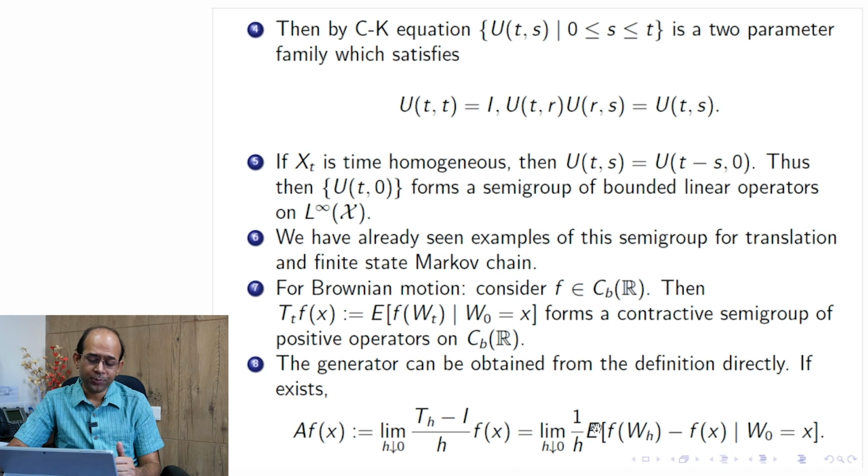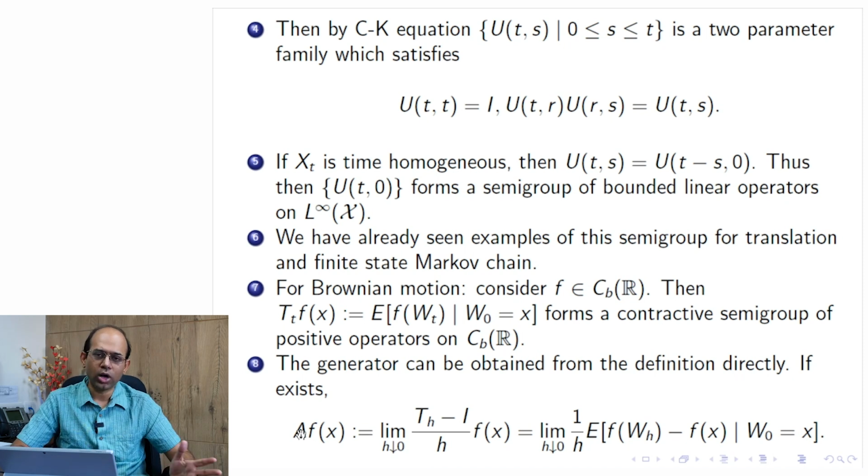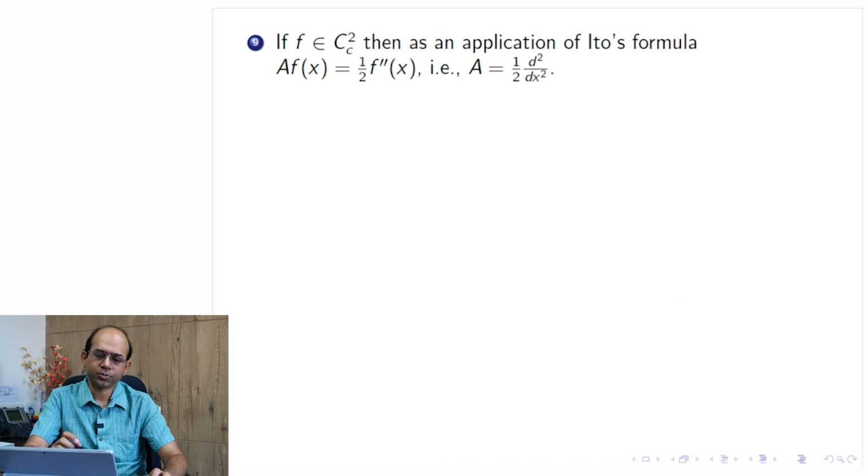So we can do that and get some form, and then we say that the generator restricted to that class of good functions has this form. We call that the infinitesimal generator of the process W. So we do that here.